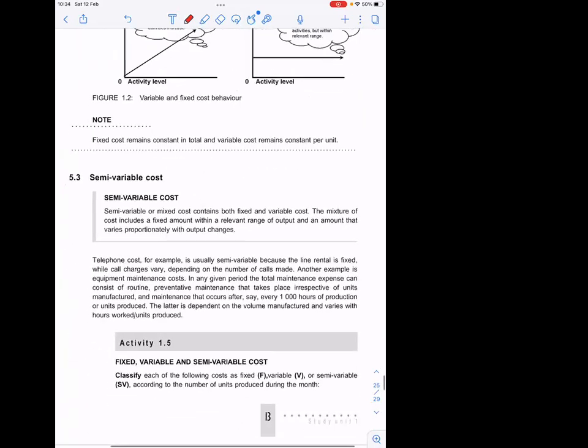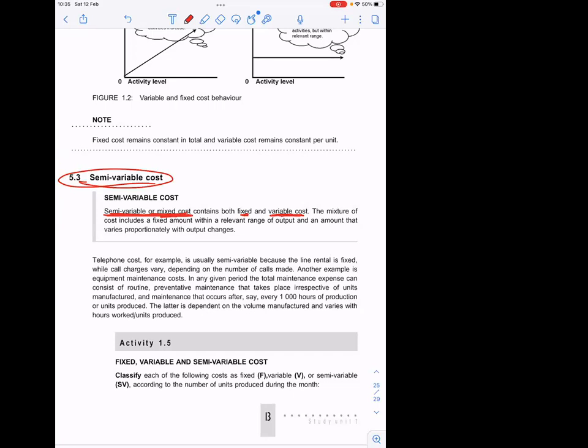Semi-variable costs, or semi-variable or mixed cost. Now, when you say semi, it's half this, half that, is it? Not half per se in that proportion, but we are saying that they contain both the characteristics of being fixed and being variable.